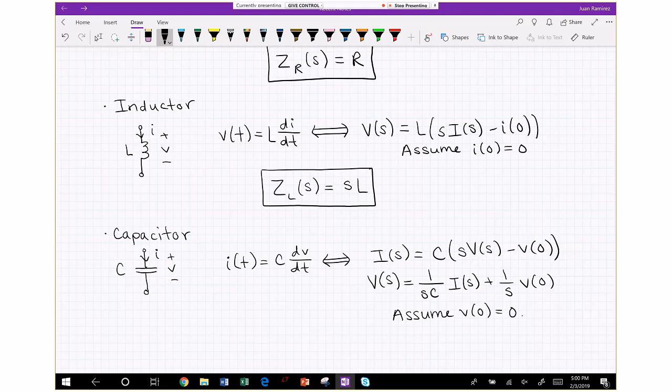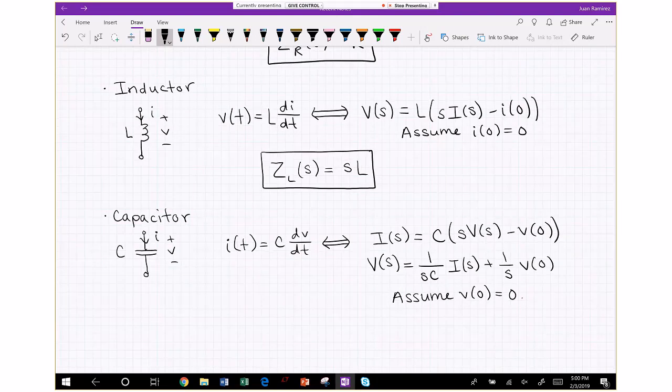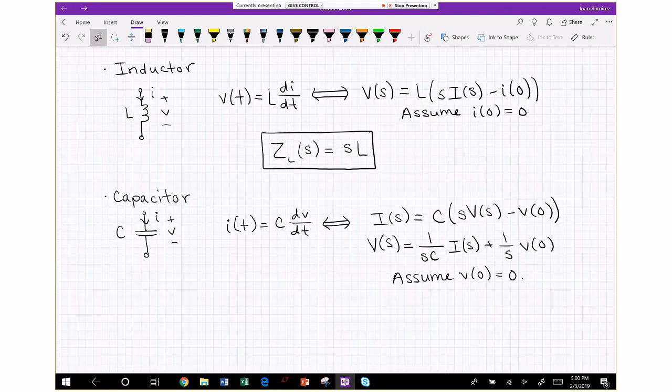If we make that assumption and we divide the voltage by the current, so V over I, you end up with the impedance in the S domain of the capacitor, which is 1 over SC.